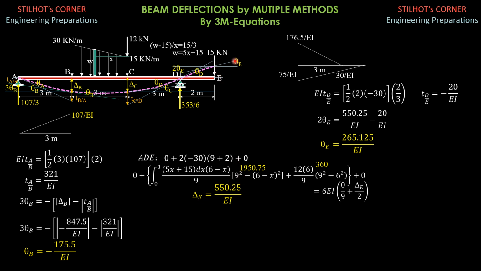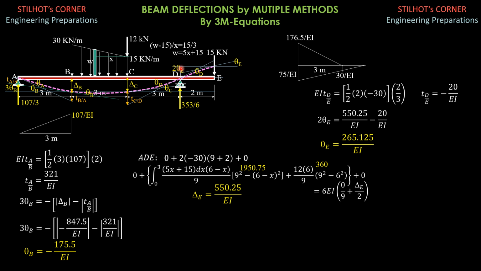And the slope at E, therefore, is positive. It is sloping up to the right or down to the left. That's positive. This vertical leg of this right triangle, if this is theta E, this is also theta E, the angle between the horizontal and the tangent at E, then this is 2 meters, so that is 2 theta E.